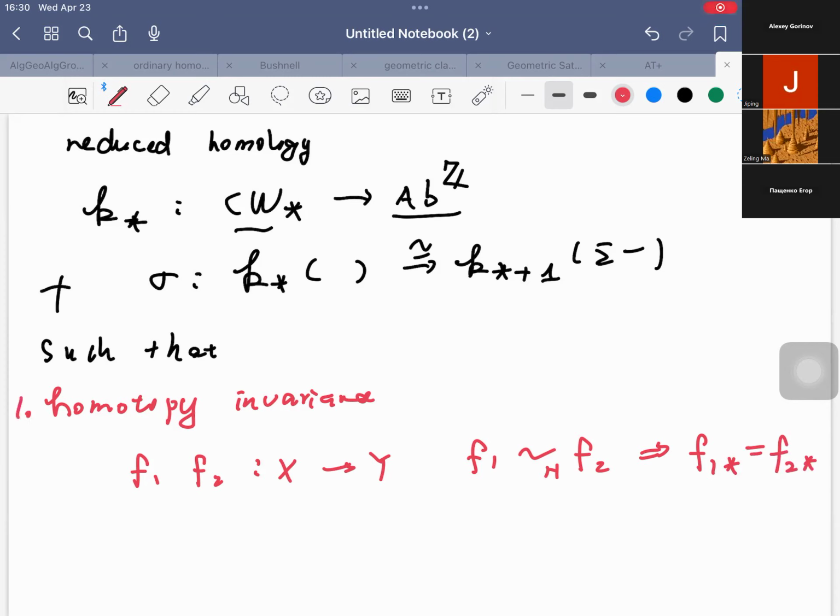Actually we don't need excision for reduced homology, but we do need long exact sequences. Second is exactness.